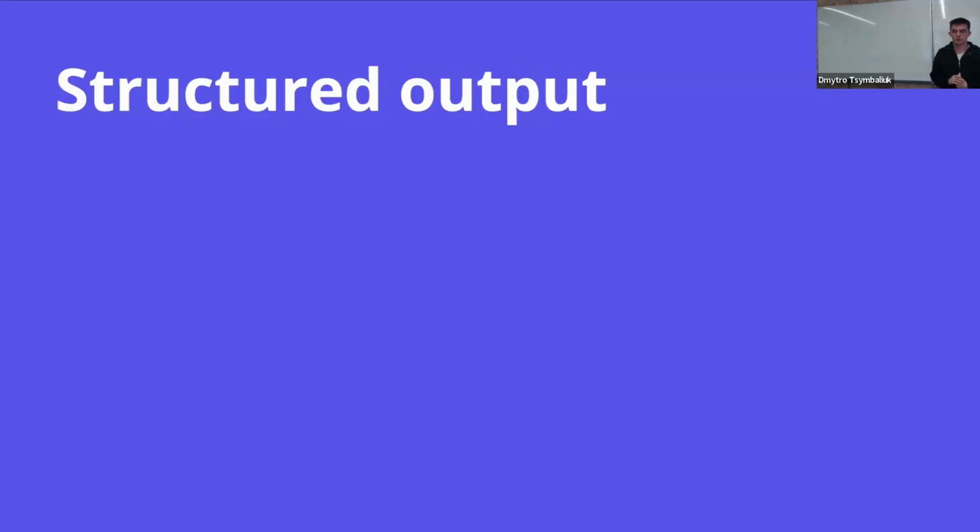So, structured output. I told you earlier that sometimes, most of the time, a string is all you need, but it's actually not true. In most cases, you need more information than just a raw string. You need your information to be structured, and if you just ask ChatGPT to provide some structured information, there is no guarantee that it will do that.